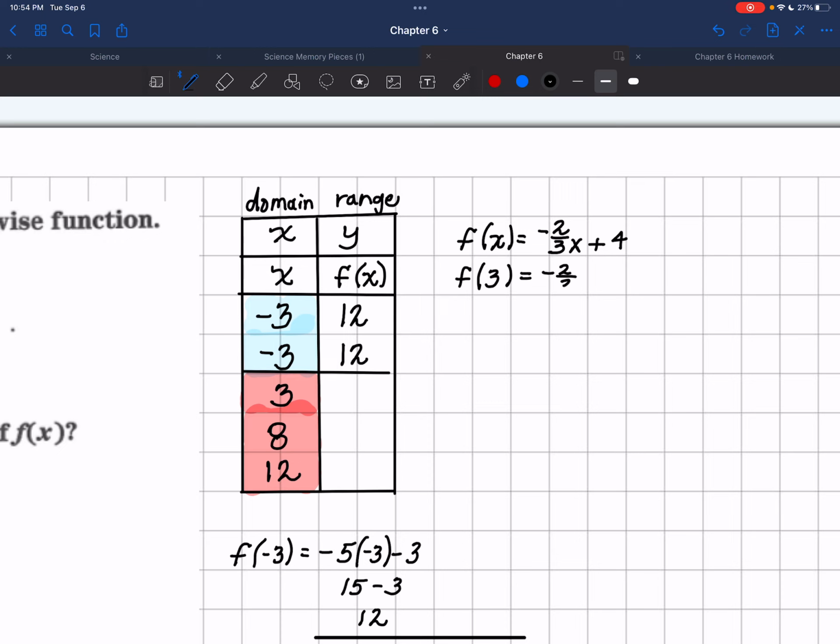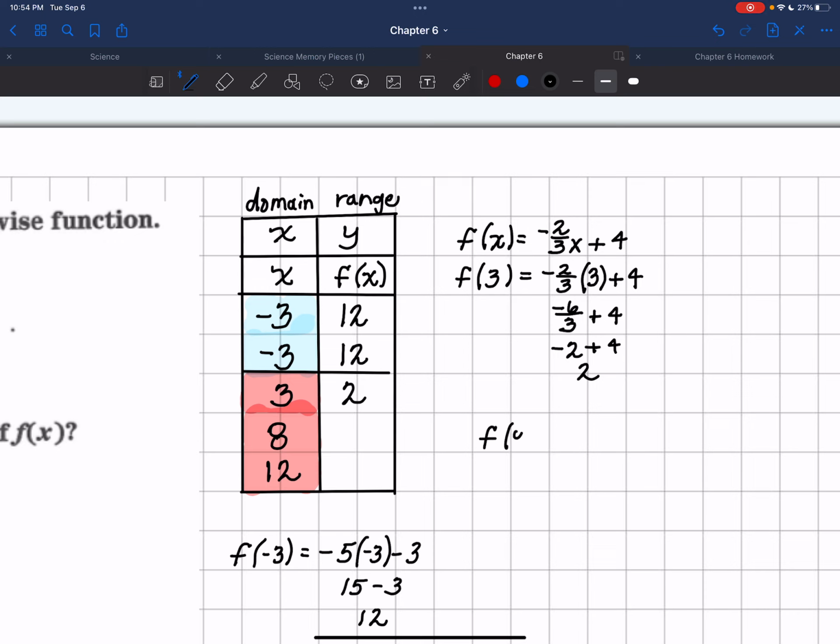Fractions are just numbers. -2 times +3 is -6 with a 3 on the bottom. Negative 2 plus 4 is positive 2. So when x is positive 3, y is positive 2.